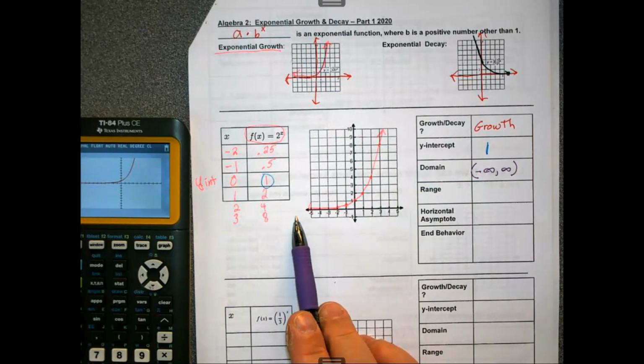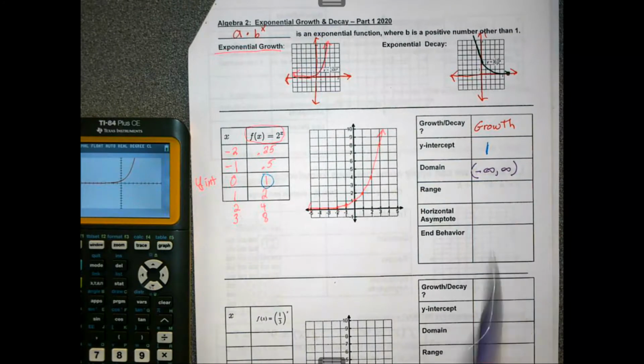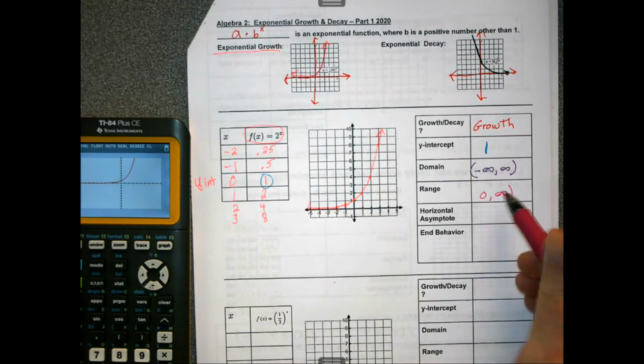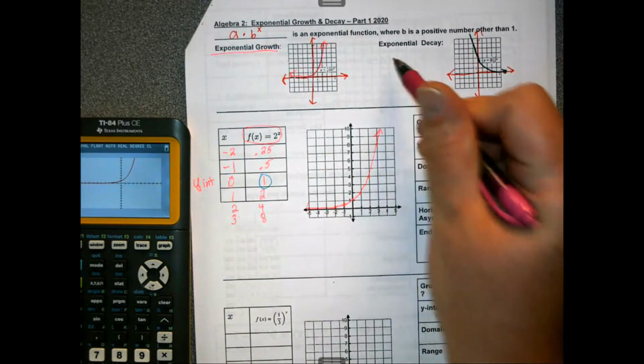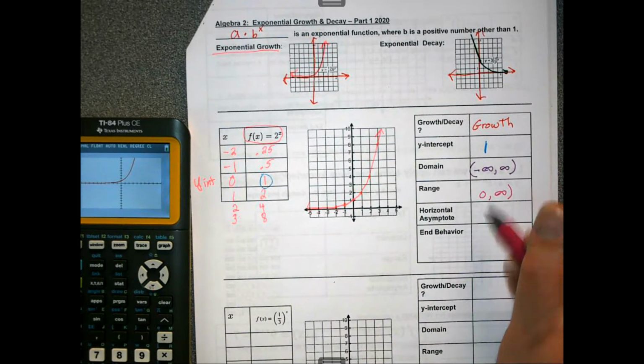My smallest x is negative infinity. My largest x is positive infinity. What's my range? Ooh, 0 and infinity. Infinity is easy, right? Because it keeps going up here forever and ever. The 0 is not so easy to tell.